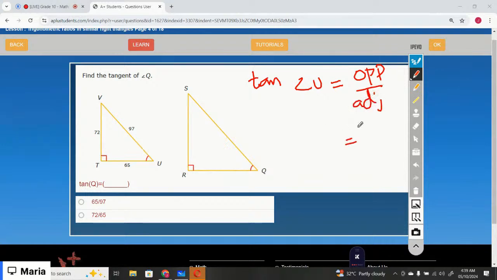So opposite is 72 and adjacent is 65. So tan of angle U is 72 over 65. Angle U is similar to angle Q, so angle Q has the same measurement, 72 over 65. Got it? So the correct option is option number 2, that is 72 over 65.